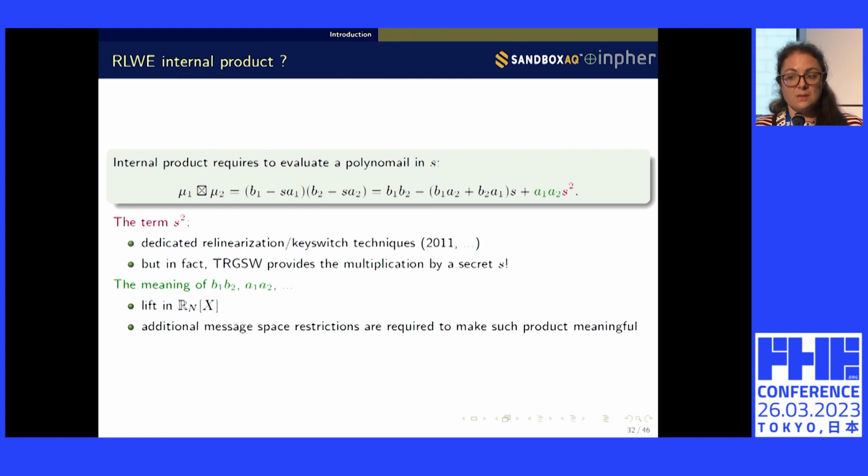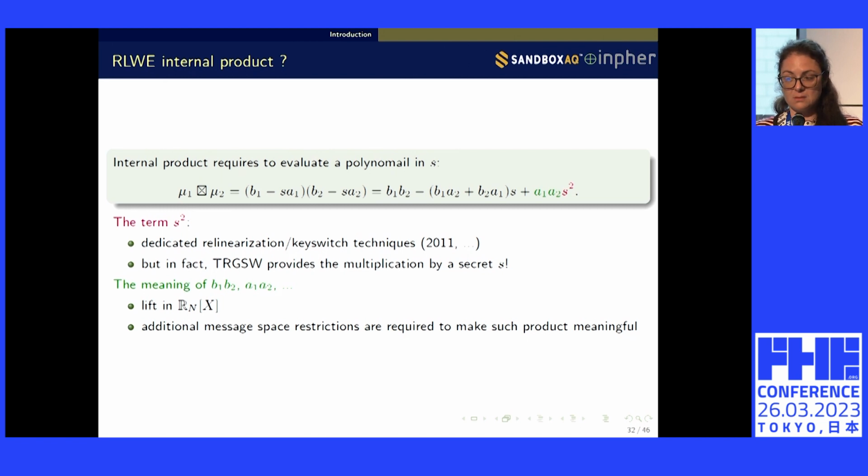Now what about the internal product on a ring learning with errors? If we express the plaintext multiplication using the decryption formula, we will obtain a polynomial of the secret key S of degree 2. For the term S², there are lots of methods in the literature with dedicated linearization key switching techniques that allow removing this S² term.